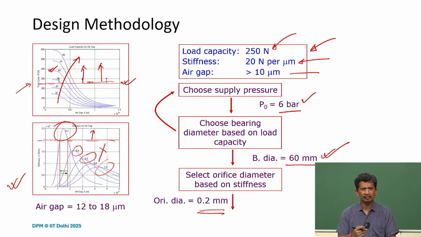And one should always remember, or remind himself or herself, what the number is that one should always find. So with orifice diameter 0.2, what we realize is that this is the air gap, 12 to 18 micron, that is the air gap we are talking about. Of course, we mentioned that the air gap should be more than 10 micron, and here we comfortably get between 12 to 18 micron, which is good.